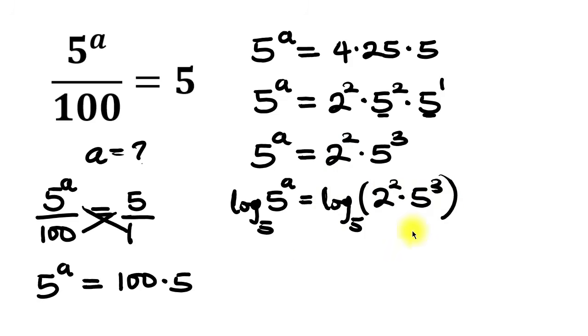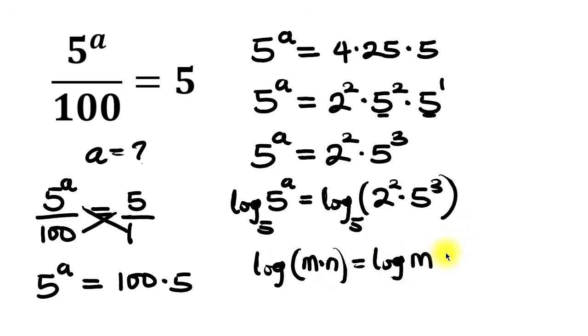Very good. Now notice something, that we're going to be applying the property of logarithm to what we have on the right hand side. The property of logarithm that says that when I have the log of, let's say, m times n, this can be written as log m and then plus log n.